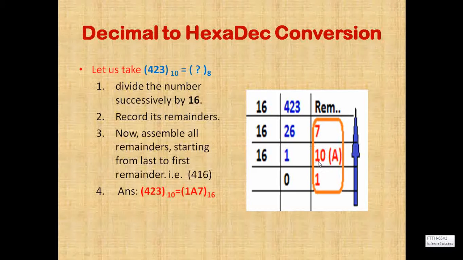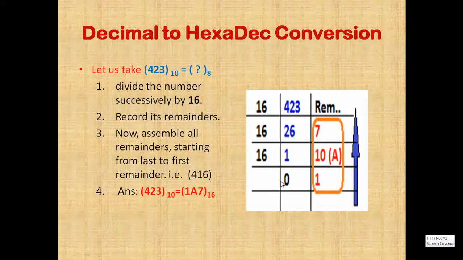Since there is no symbol or no digit 10 in hexadecimal, instead of 10 we have A, because 10 is represented by A in hexadecimal. So we'll write A here, and again we will divide this quotient by 16. 16 0s are 0 and remainder is 1. So we'll note down this remainder here.